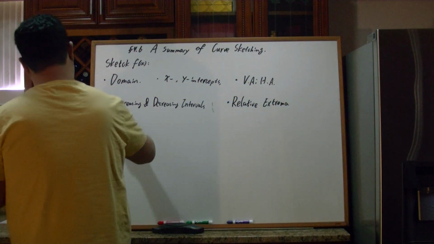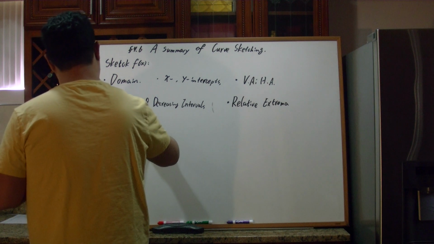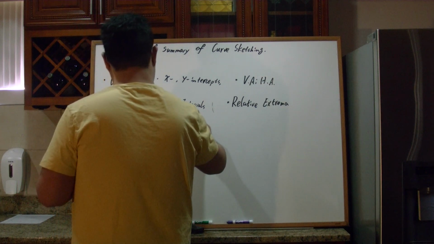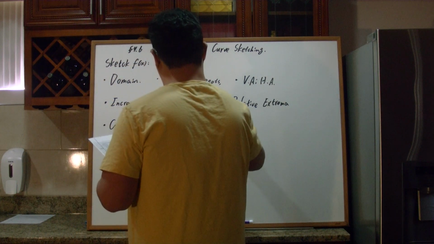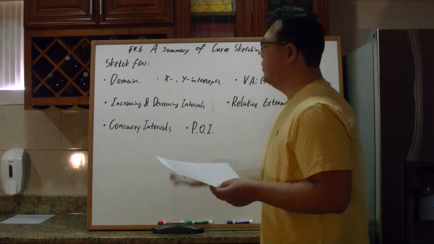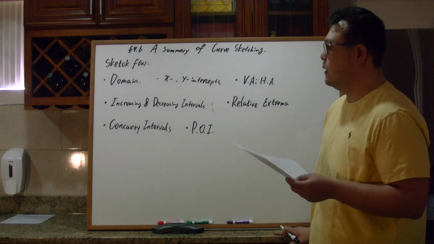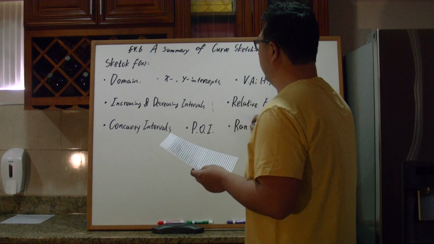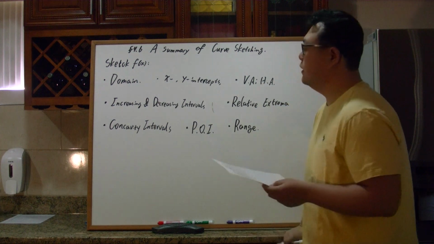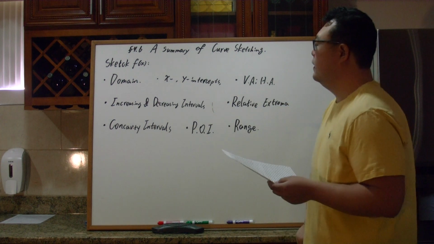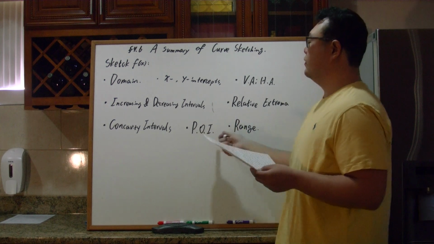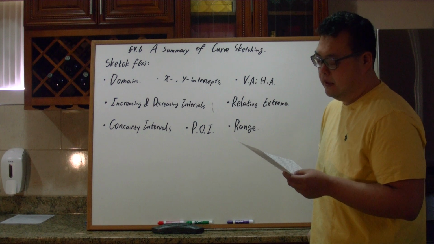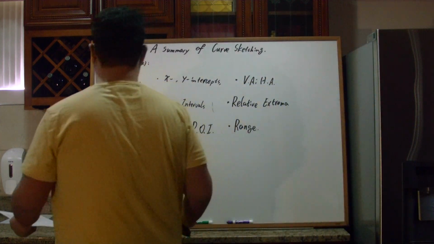Then the next is concavity intervals and the points of inflection. We'll see the shape of increase, decrease, concave up, and concave down for the function. Then finally, we are able to tell the range of the function. So we get not a rough graph but an accurate graph, using all the information so that we're able to get the range.